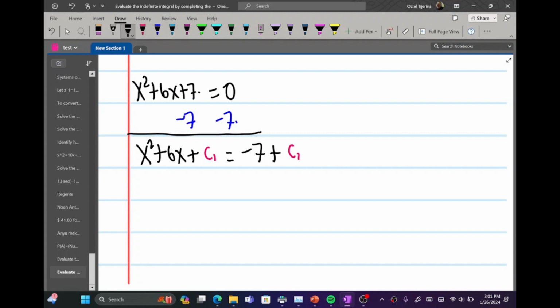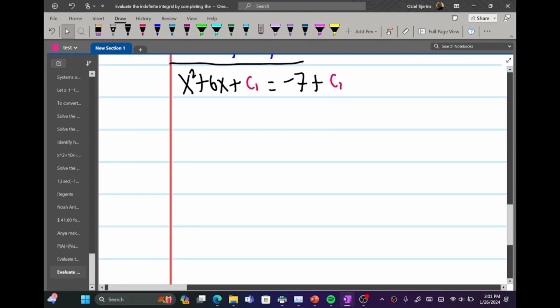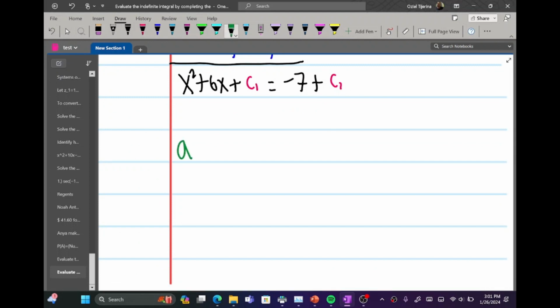So I want to go ahead and define my terms. Remember that I have ax squared plus bx plus c. The only thing I have here is, and I'm going to say C1 in this case, because that's the third term there.